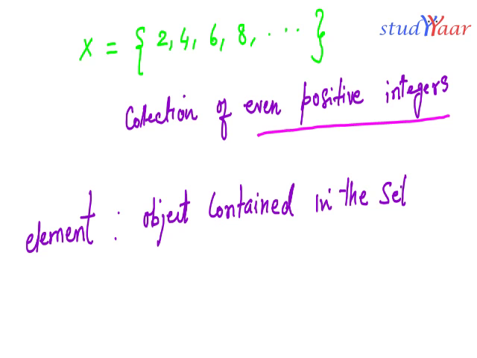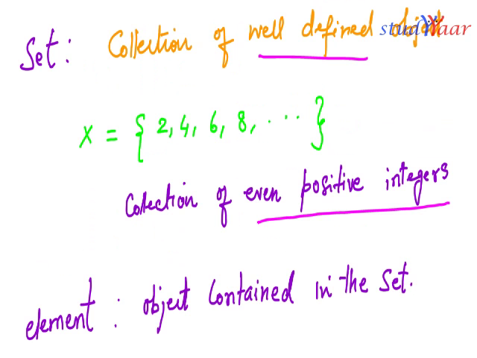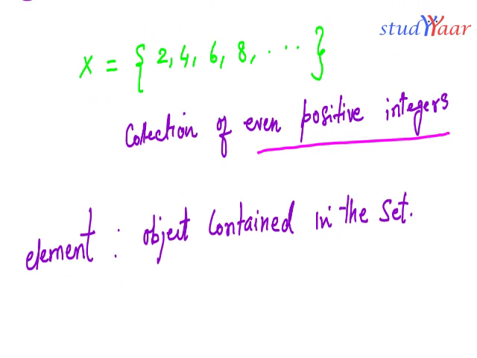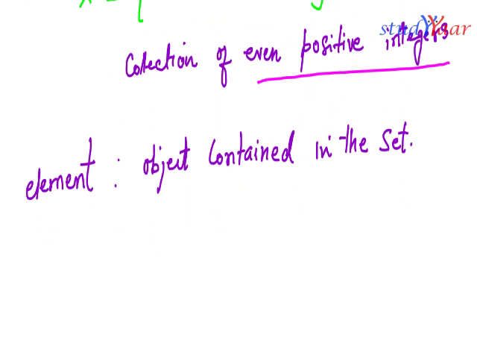Okay, so how do I refer to an element, or how do I say that an object is an element? I refer to it like this. I say 6 is an element, okay? This symbol is used to represent an element. 6 is an element of X, okay?